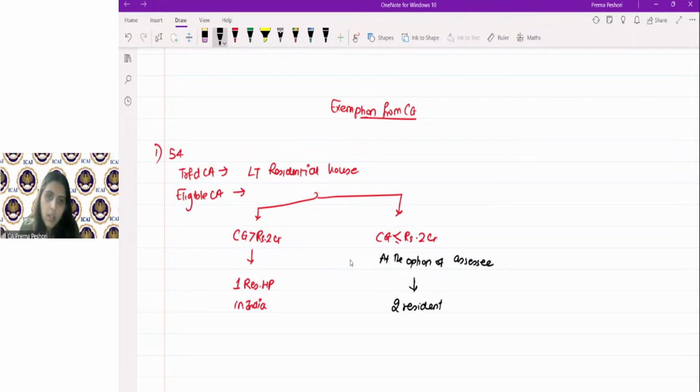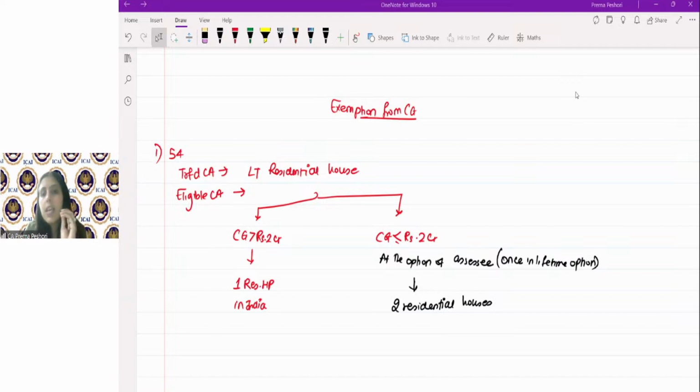This is at the option of the assessee, and this option will be exercised once in a lifetime. Where you have exercised the option, it shall not be subsequently exercised for any other assessment year. So you can write it down: once in a lifetime option. Else you can always invest in one residential house property.